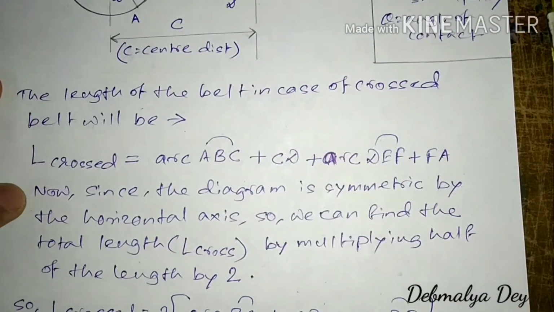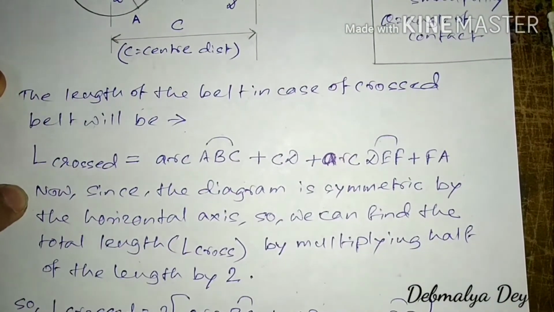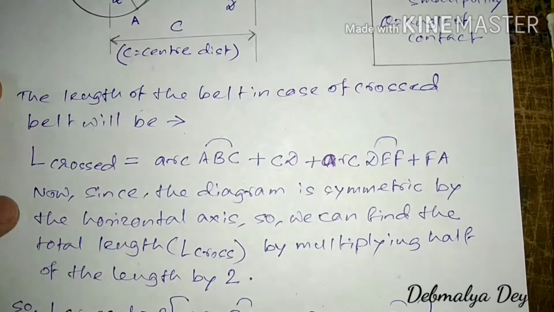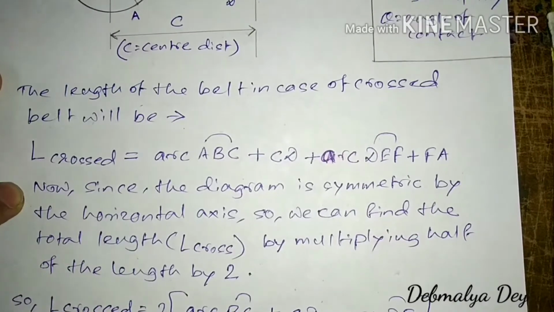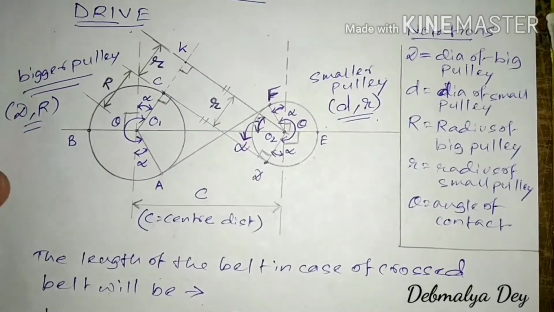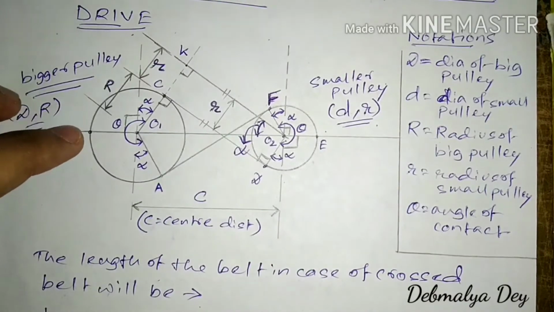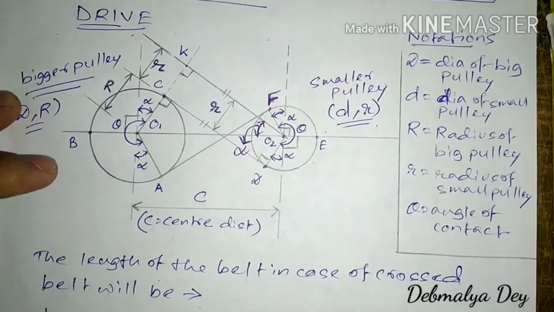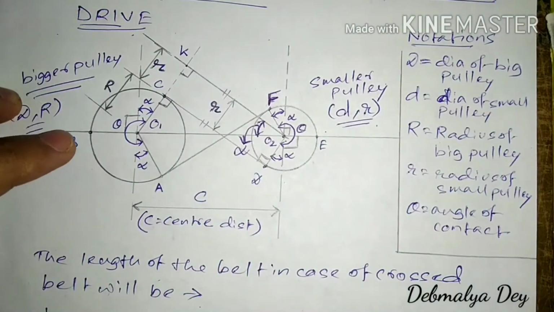Since the diagram is symmetric about the horizontal axis, we can find the total length of the cross belt by multiplying half of the length by 2. Naturally, like the open belt drive, we will find half of the length of the belt and again multiply it by 2 to get the total length. So what will be half of the length?